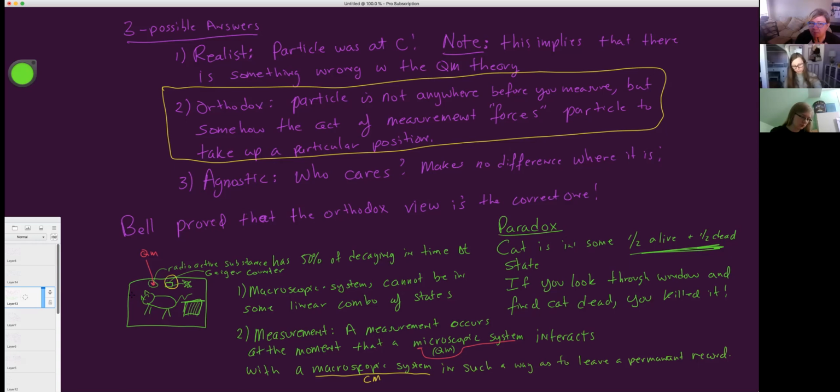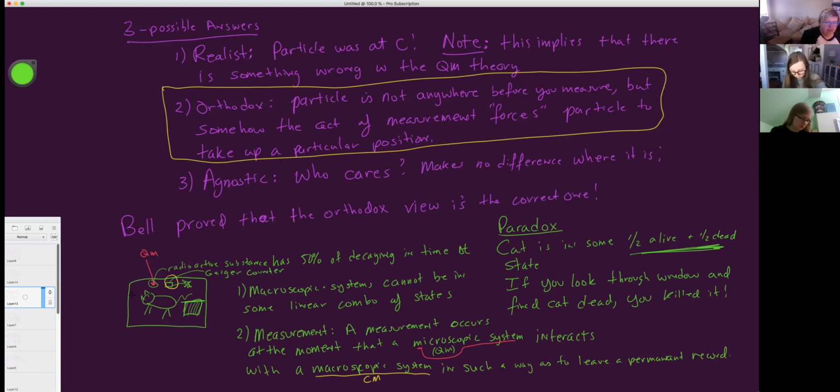And Bell has proven over and over, and many other people, that the orthodox view of quantum mechanics is actually true. So it's not really a poke at the orthodox view anymore. That makes sense? Okay.